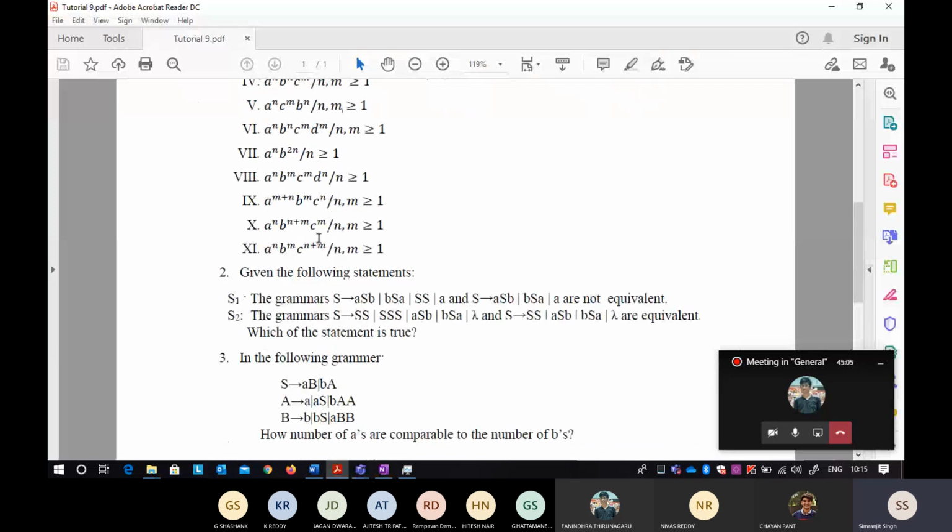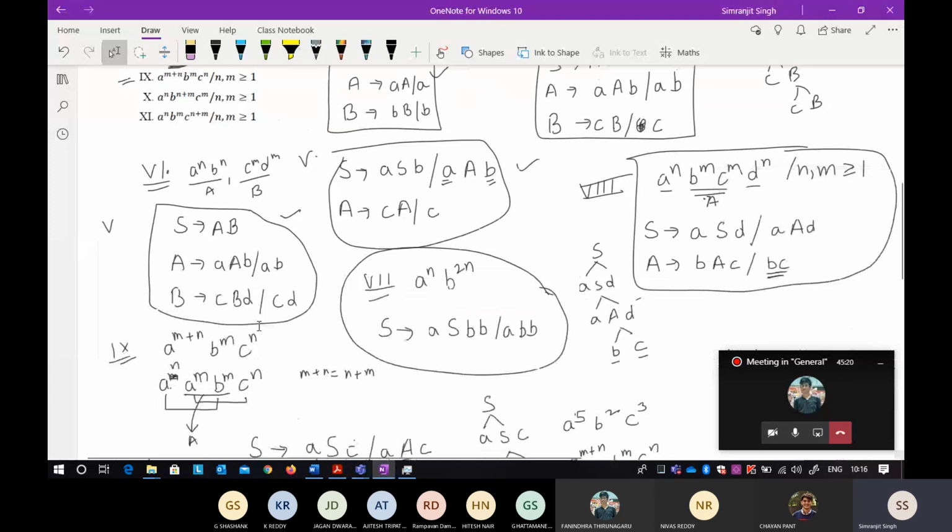Now in the second question it is asked: the grammars S goes to AS, B, B goes to SA, S goes to SSA are equivalent or not equivalent, and they are saying the second grammar is equivalent or not. Okay, so I just copy and paste this one, so it will be easy for you for visibility.